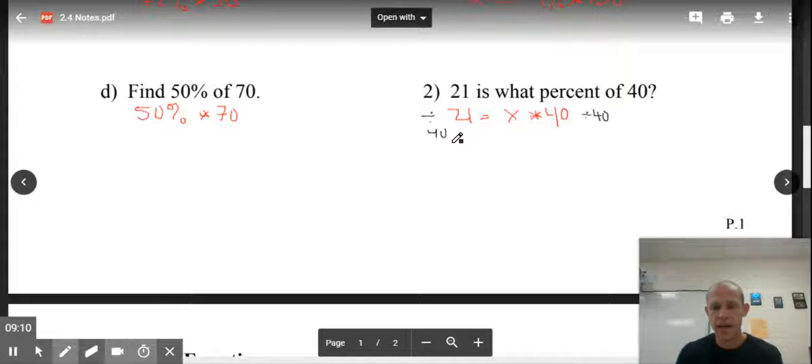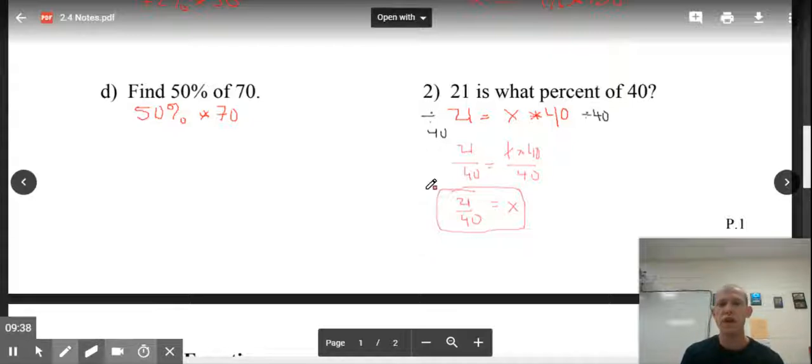So I have to have 21 over 40 equals x times 40 over 40. Simplify if I can. 40 over 40 is just x. 21 over 40, I don't know what that is, so I just write it like that. A few more steps, but it still works out the same.